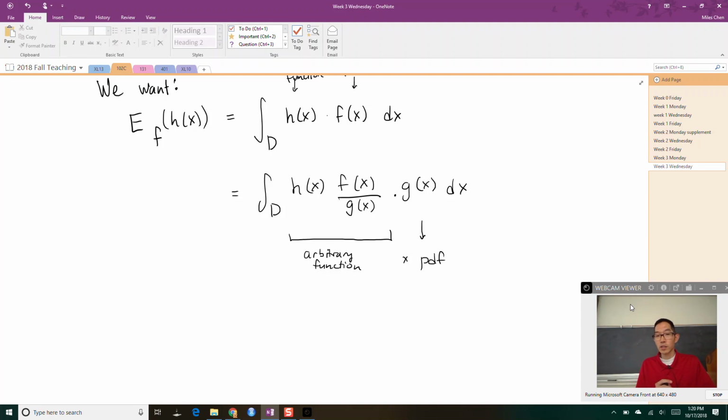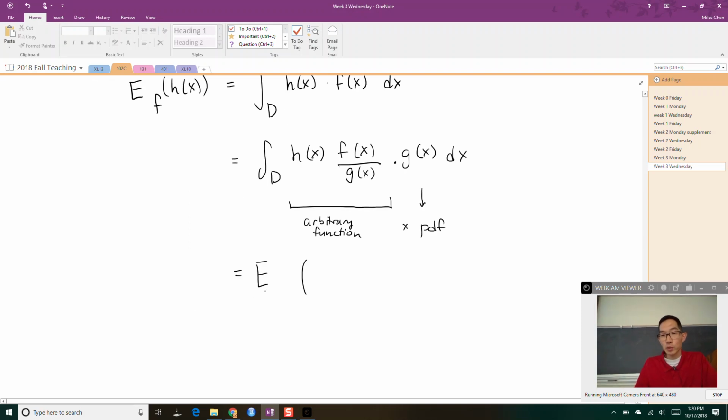So then this becomes what? This becomes the expected value of the arbitrary function, which is not h of x, but what's my arbitrary function? It's h of x times f of x divided by g of x, if x is defined by the function, what?